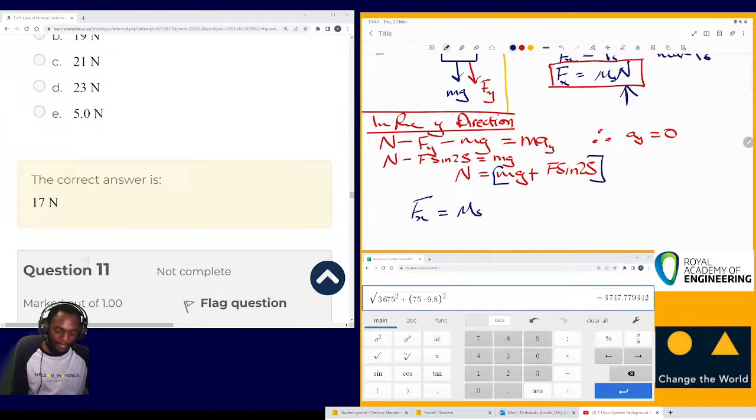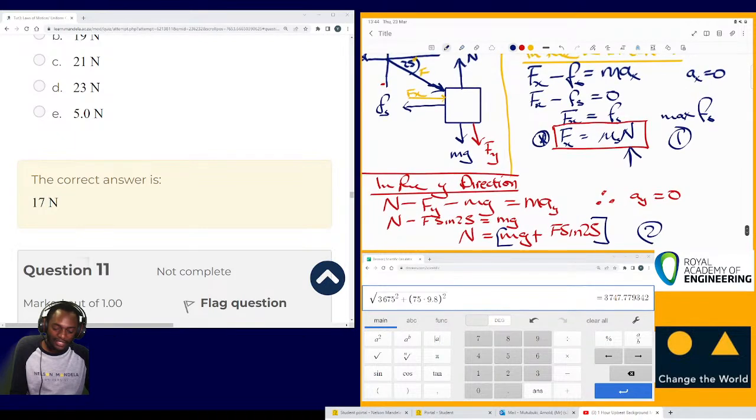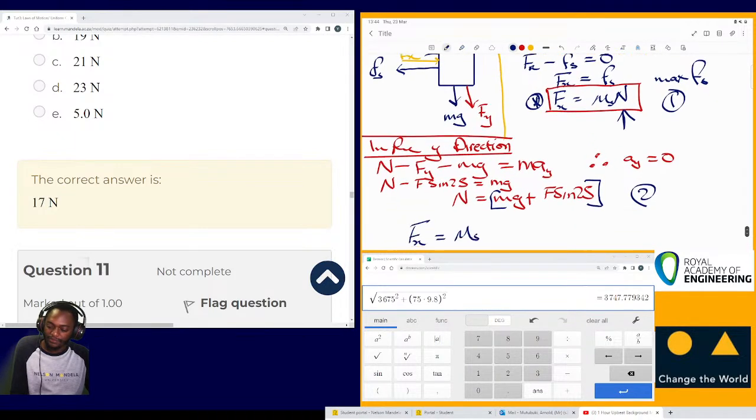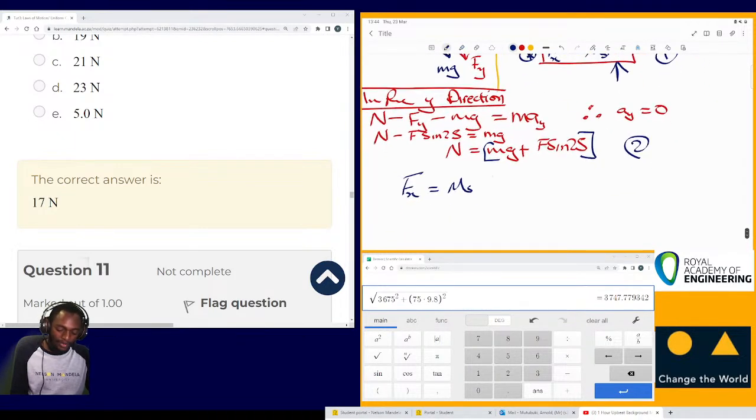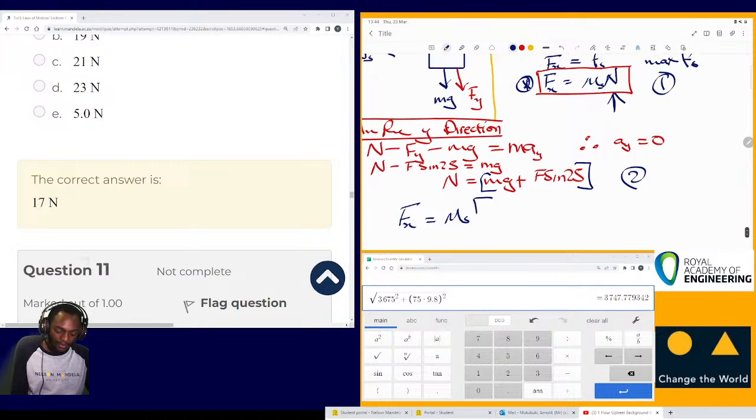Oh, okay. Yeah, I see. It's now like a simultaneous equation. This is our equation 2, this is our equation 1. And remember, we are looking for F, the resultant in the x direction. Okay. Yes. So this becomes mg plus F sine 25.